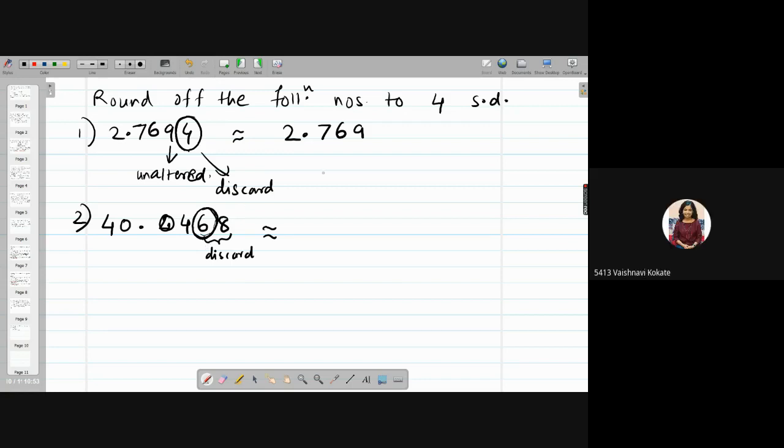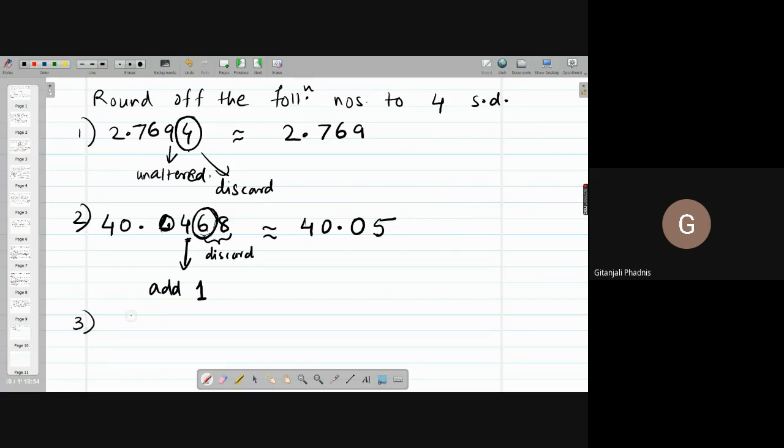Yes. What does rule 2 say? If the n plus 1th discarded digit is greater than 5, add unity to the nth digit. So what should I do with this 4? Add 1, understood?